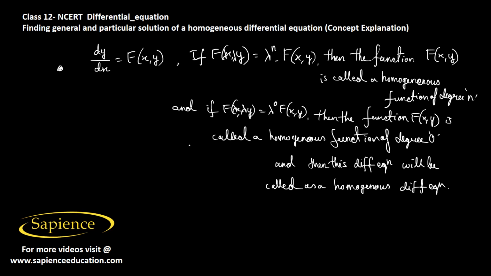And how it can be solved: here we have to take y equals some v of x, and then dy by dx will be equal to v plus x dv by dx. And then we can solve this type of homogeneous differential equation.